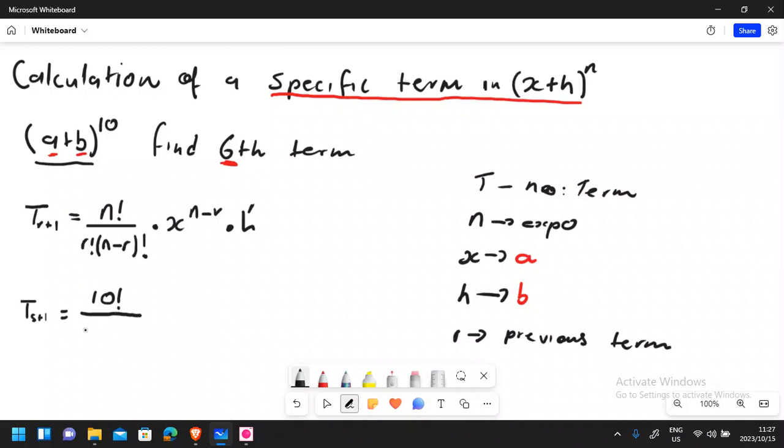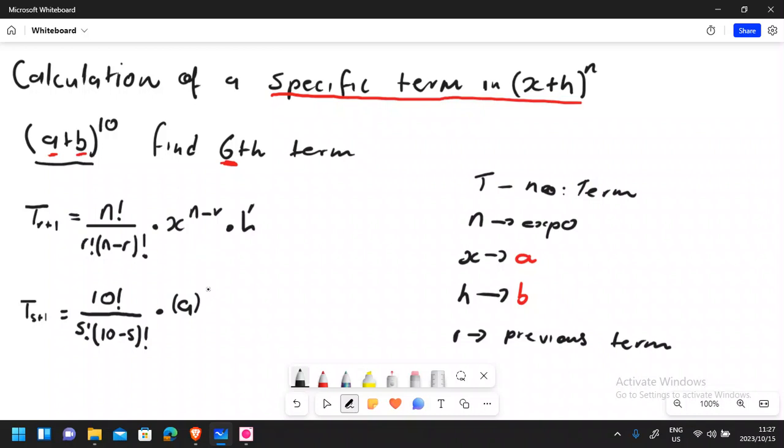Now r, remember previous term, so it's going to be 5 factorial, and then we open bracket, n, which is going to be 10 minus 5 close bracket. Don't forget to put in factorial as well in there, multiplied by our x. In this case, what is our x? Our x is going to be a to the power of n minus r.